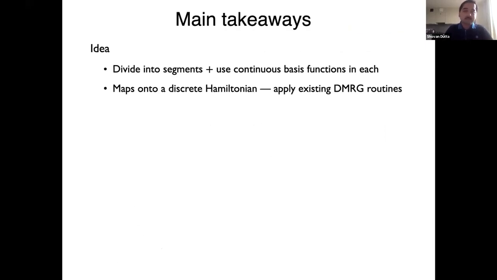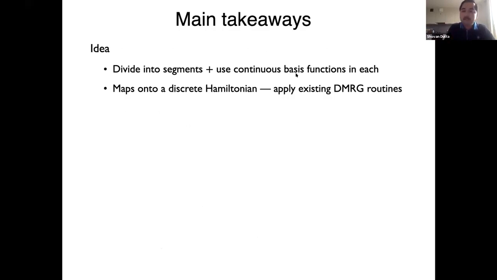And the main idea of our approach is quite simple. So instead of discretizing it on a set of points, we divide the system into a bunch of segments. We're not talking about the limit of vanishingly narrow segments, but you can have finite segments.